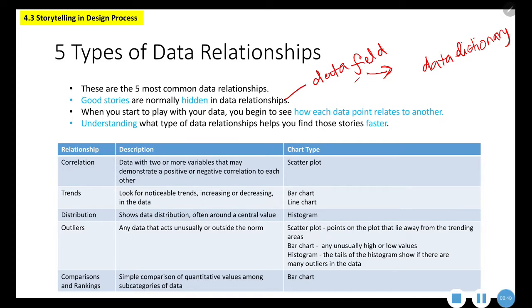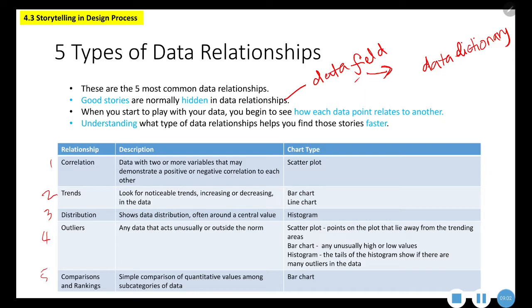faster. For example, the first relationship is correlation, then second is trends, third is distribution, fourth is outliers, and fifth is comparison and ranking. In correlation, you have data with 2 or more variables that may demonstrate a positive or negative correlation to each other.